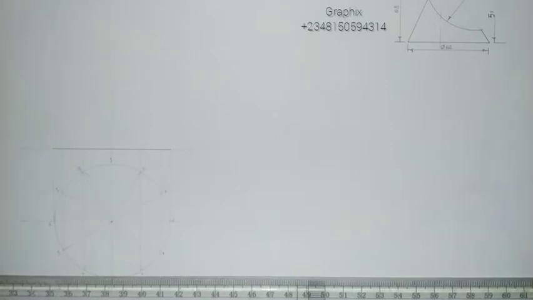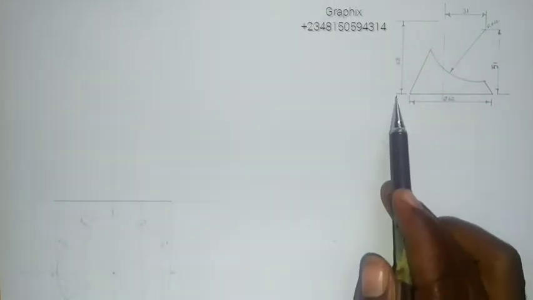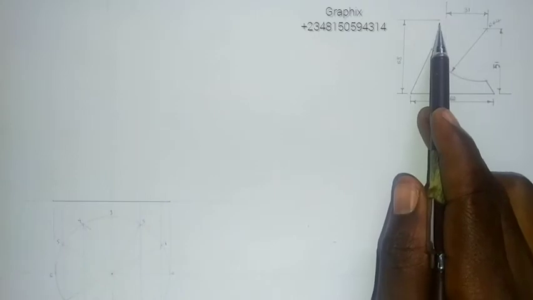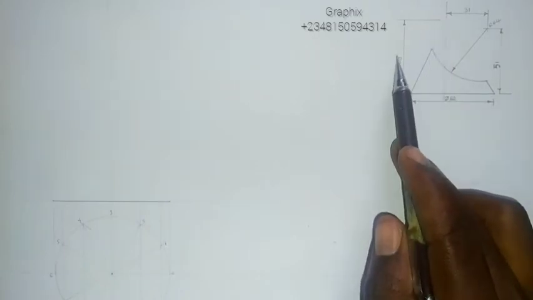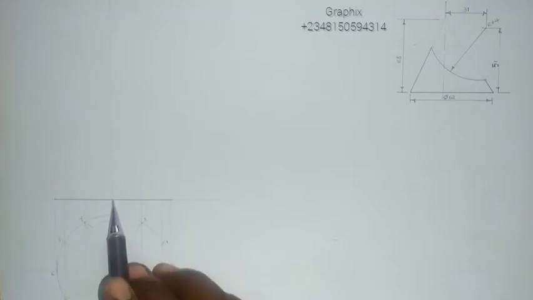Now the height of my triangle is 68. If you watch this very well, the height from here to the final height of my triangle is 68, right? So I'm going to measure the 68. So I'll take my rule from the base here. I'll measure 68.